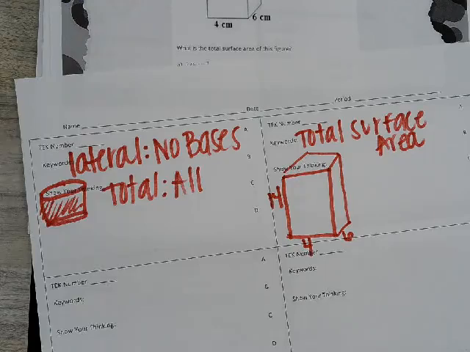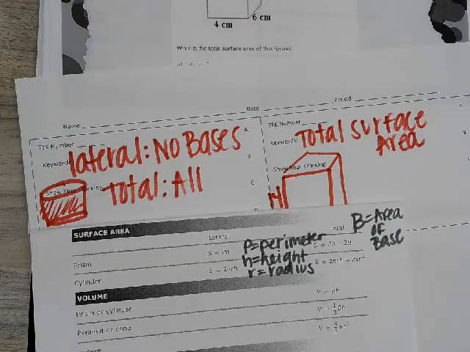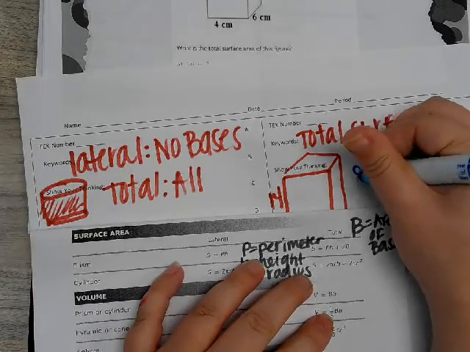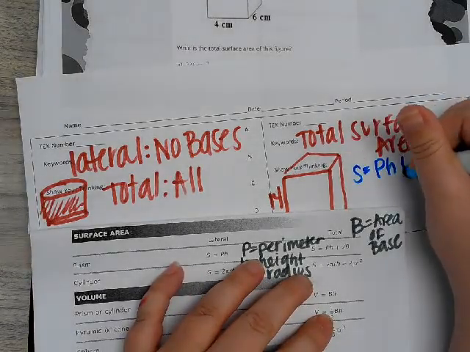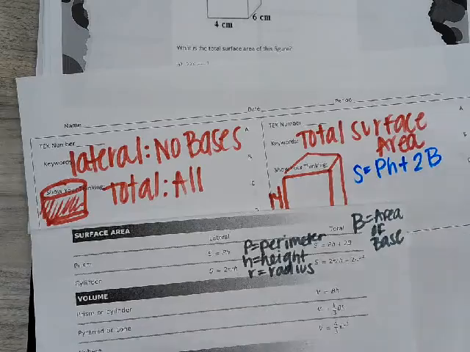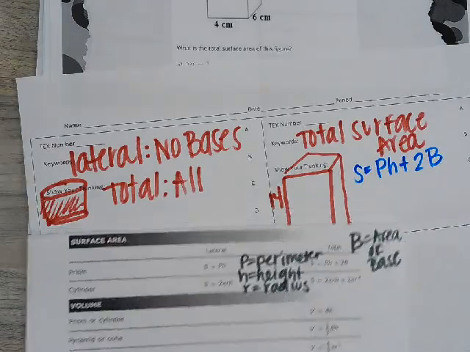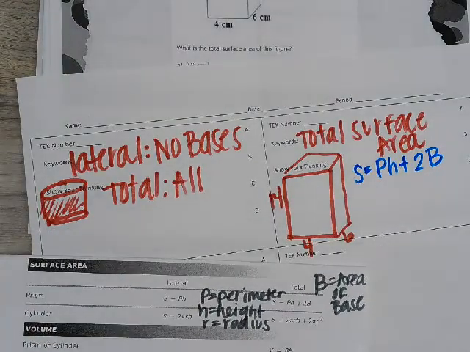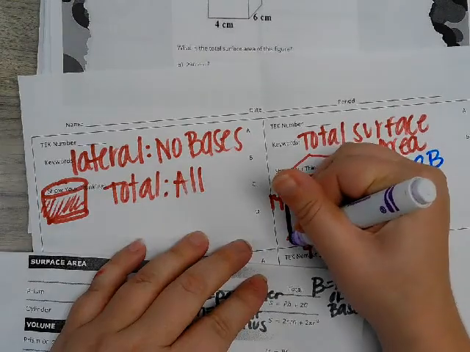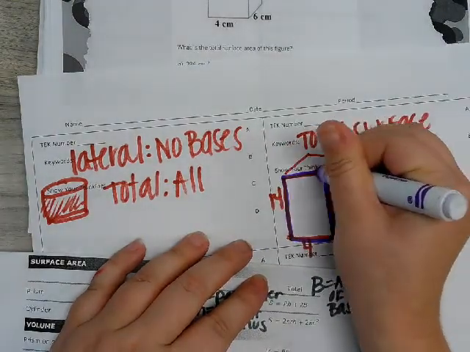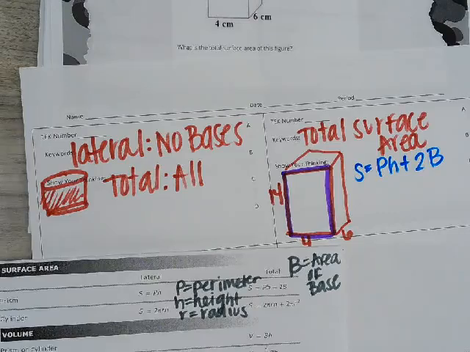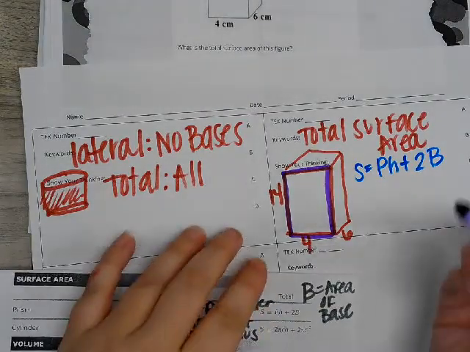All right, so I'm going to write my formula. So this is a rectangular prism. So I'm going to write my formula S equals PH plus 2B. Okay, so first we're going to be talking about P, my perimeter. I'm going to use this one because this is going to be my base. It's a rectangular prism, so it doesn't matter which one you use as your base.